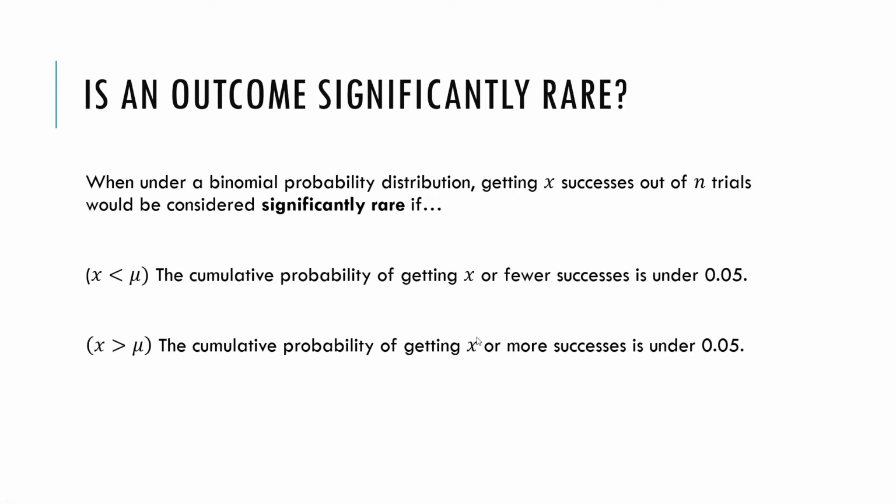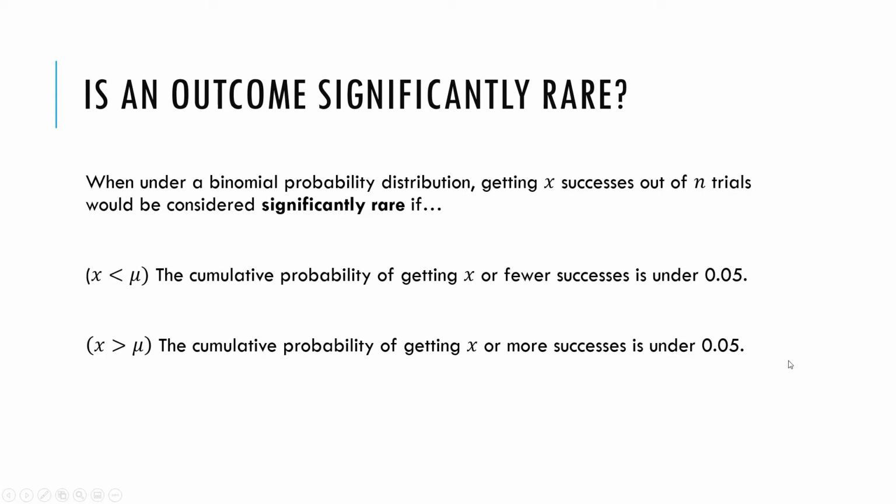Another way to do it, maybe save yourself a little bit of trouble, is to use cumulative probabilities. The cumulative probability is the probability of getting your result or something more extreme. So if you're under the mean, if you're under expectation, what's the probability of getting your number of successes or fewer? Conversely, if you're over the mean, what's the probability of getting X or more successes?